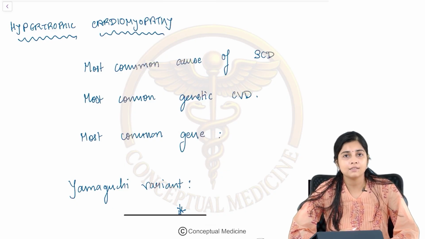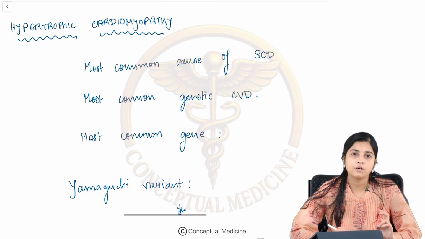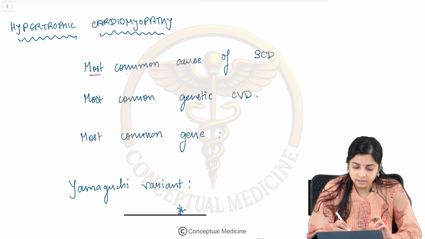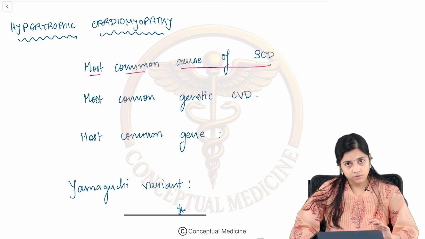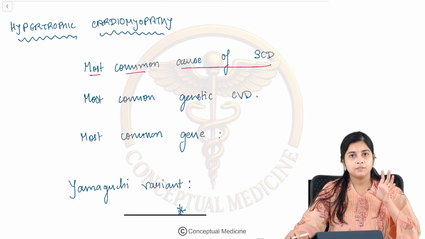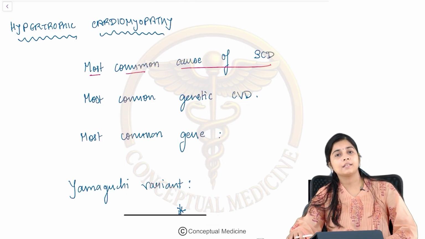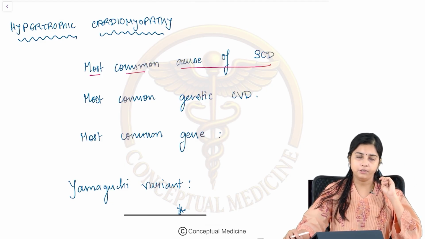As the name suggests, there is an asymmetrical hypertrophy of the myocardium. So this is what we call hypertrophic cardiomyopathy. Hypertrophic cardiomyopathy is the most common cause of sudden cardiac death. If you go through the group of patients who have had a sudden cardiac death, the most common cause has been hypertrophic cardiomyopathy.